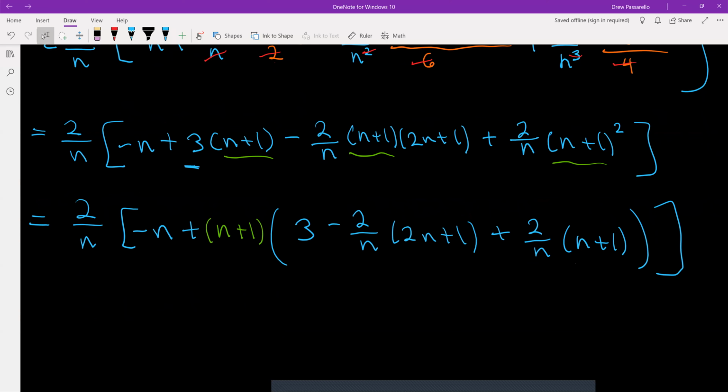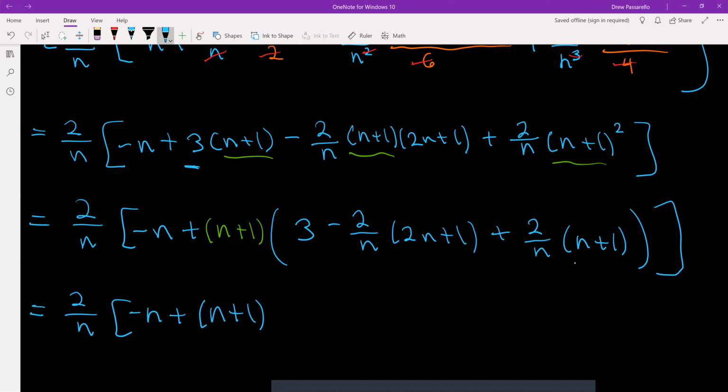All right, and I just did that so there are fewer algebra steps to do. Let's see, so right now I'm going to keep n plus 1 in parentheses. I can't just add negative n and n to cancel those out, because n plus 1 is its own factor.